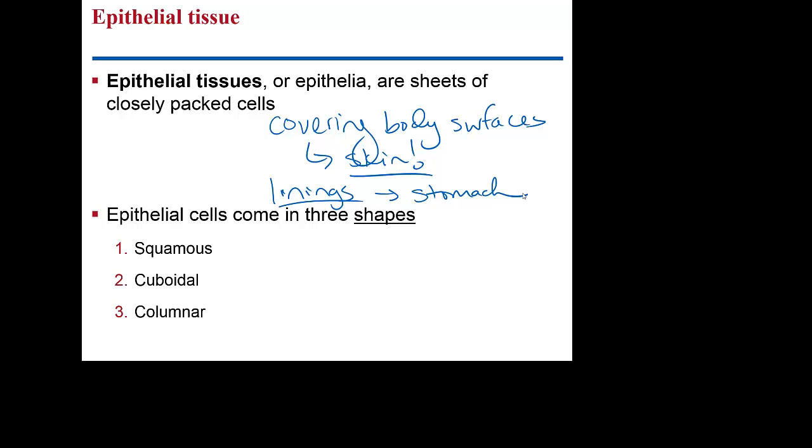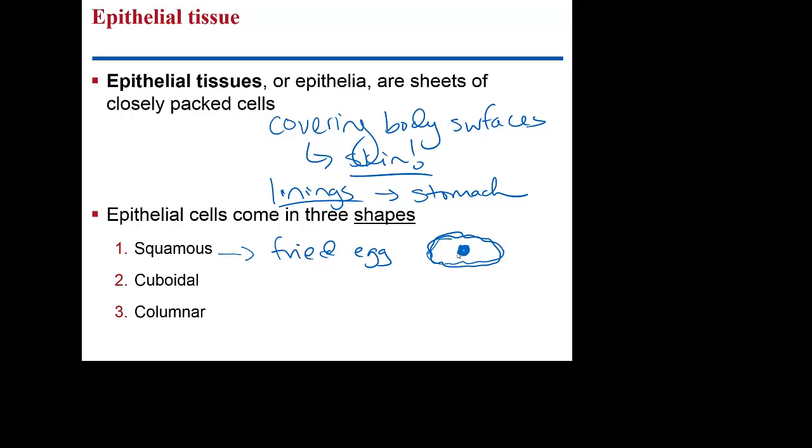When we look at epithelial tissues, they actually come in three different shapes. So the cells that make up these tissues, we can have three different kinds of cells making up epithelial tissue. Squamous looks a lot like a fried egg, if you know what I mean by that. Kind of an off shape with a big bump in the middle.